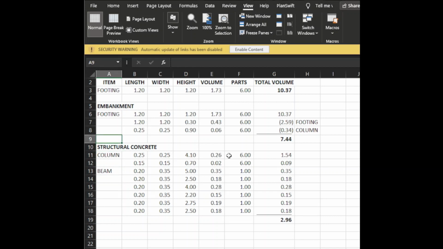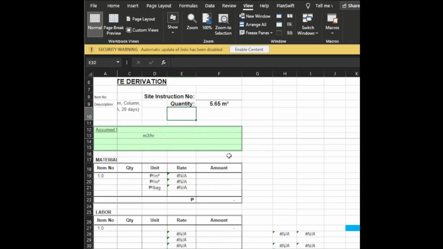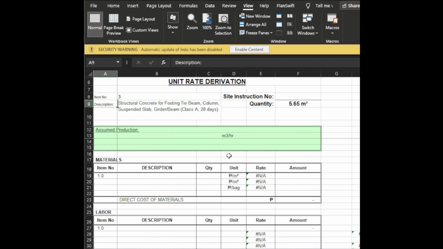Okay, so we will make the analysis for our cost, structural analysis. This is for column and beam. This is the item that we are going to use.